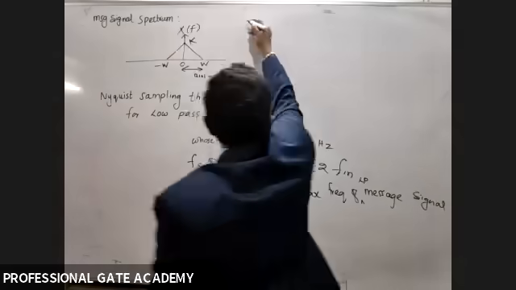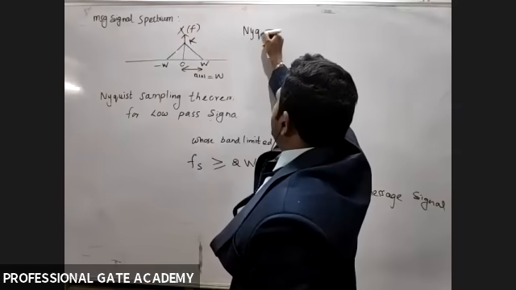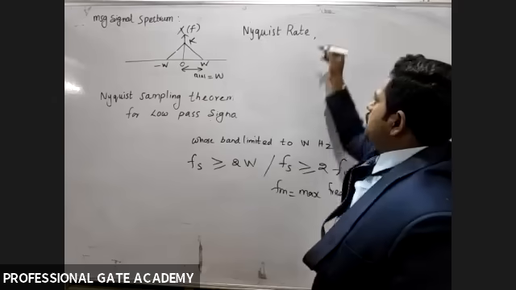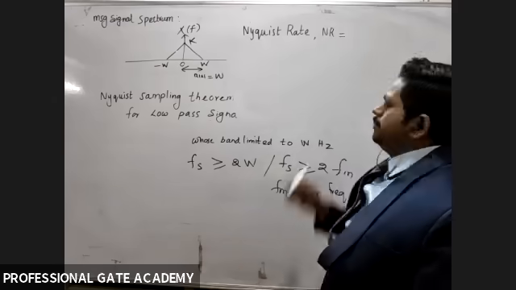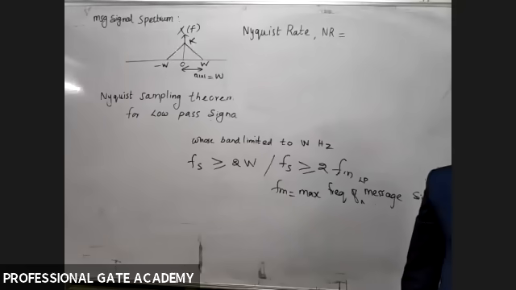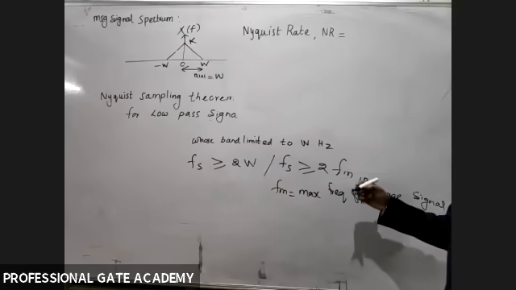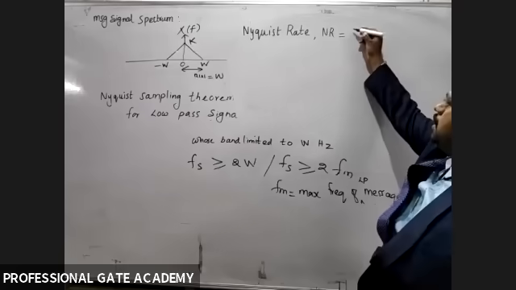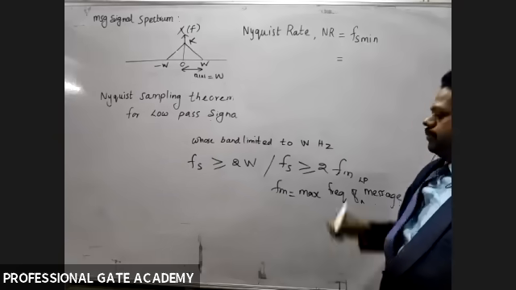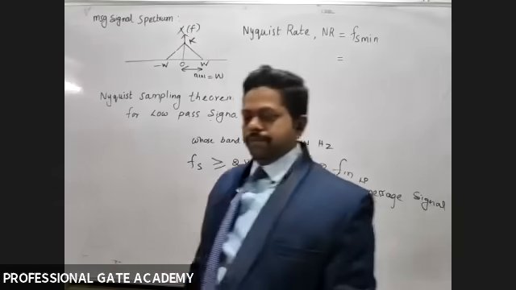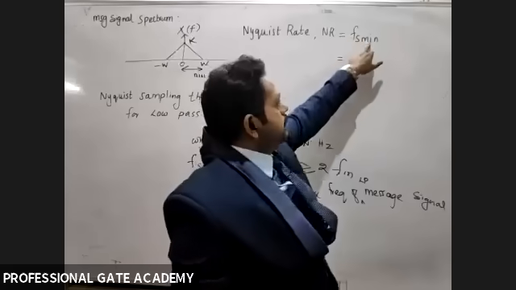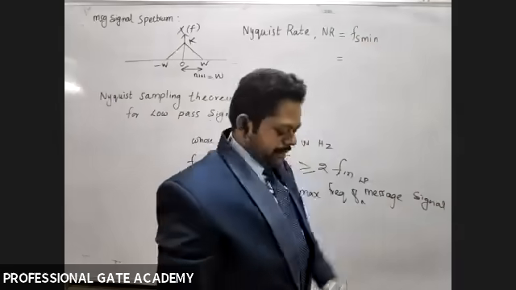But here we have a very important formula, Nyquist rate, NR. Very, very important formula, asked in a lot of previous year GATE, IES. Nyquist rate is defined as fs minimum, the minimum sampling frequency.